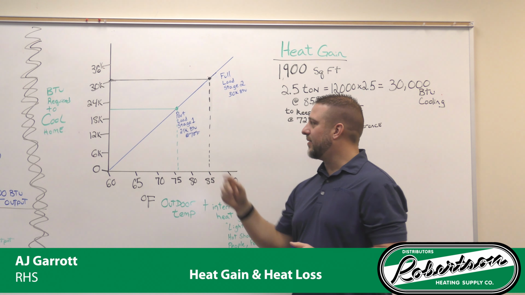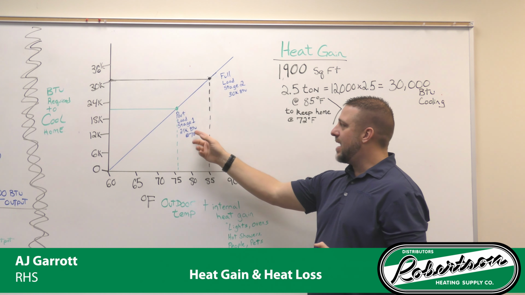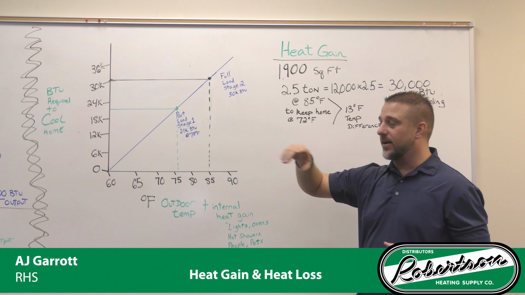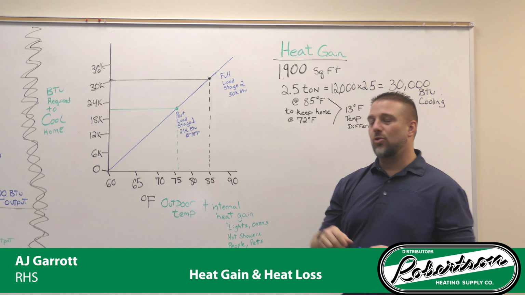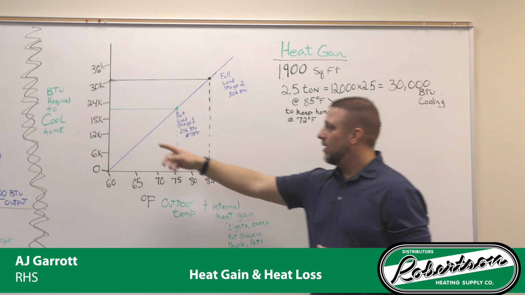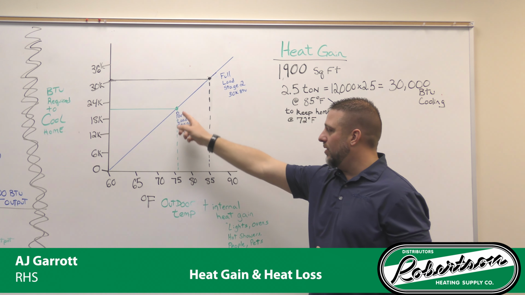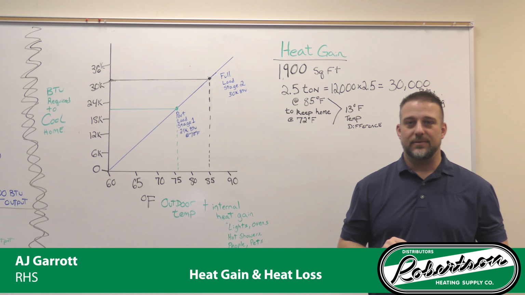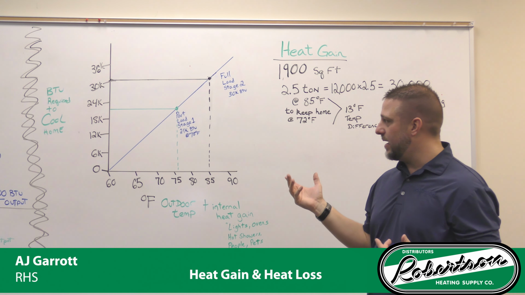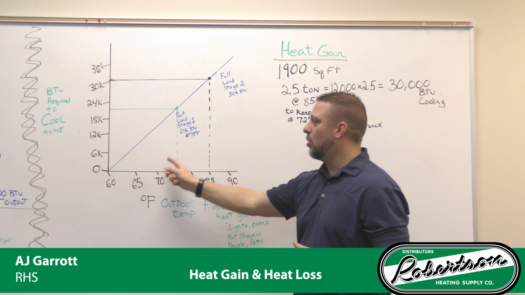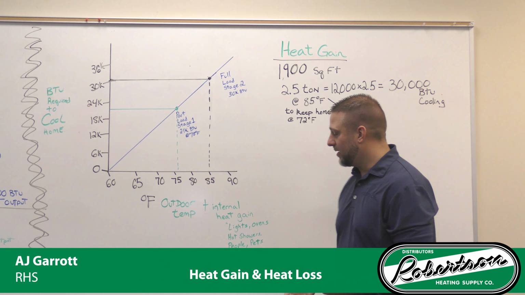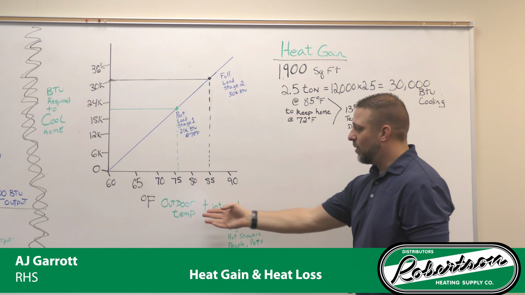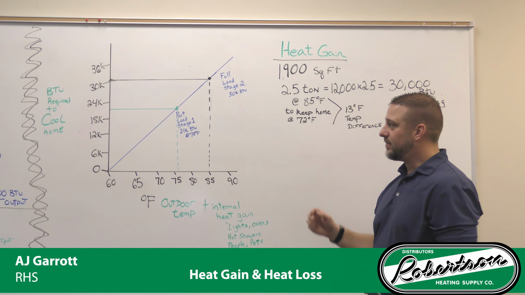So we'll drop it down to stage 1. And stage 1 we find on this specific air conditioner is 21,000 BTUs. When we come across the 21,000 BTUs and drop down, we learn that at 78 degrees outside, or 77, right around there, we're going to cool the house just fine. That includes our internal heat gains as well as the outdoor temperature.